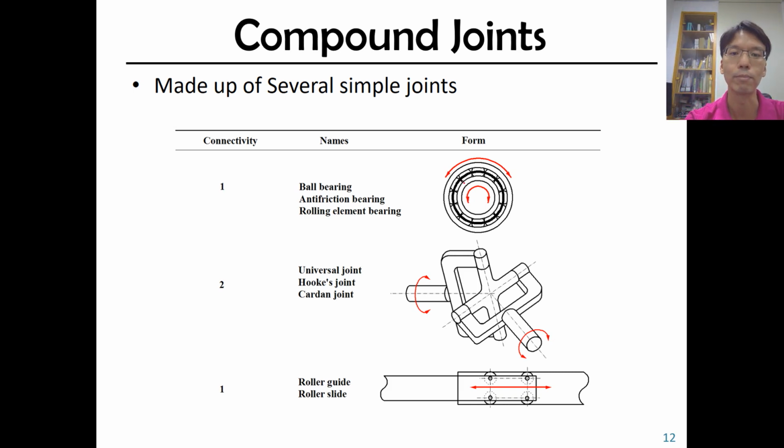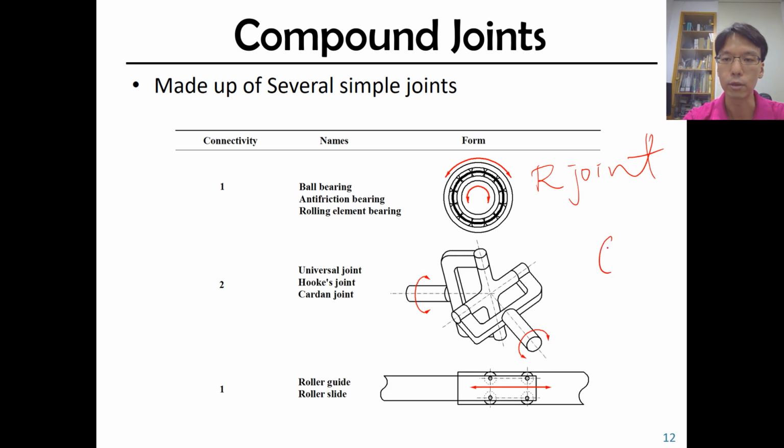So, for example, a ball bearing. What type of motion is a ball bearing going to perform? A ball bearing works like an R joint, but it's a bit different from the original R joint.